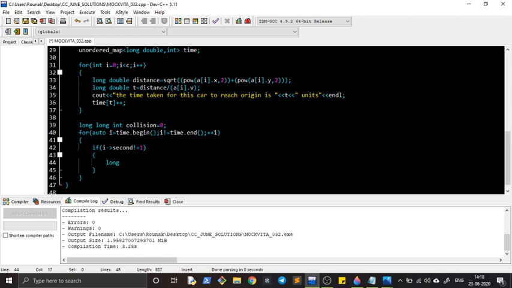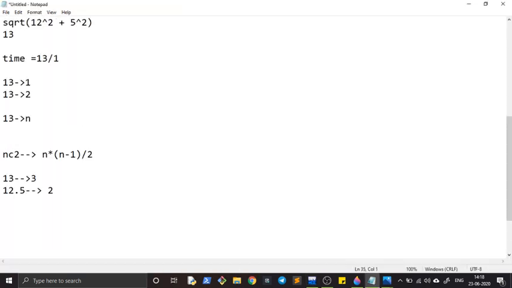So we will have a long int val equal to i.second, the value of that key, into i.second minus 1, as I discussed, n into n minus 1 by 2, which will give us nC2.